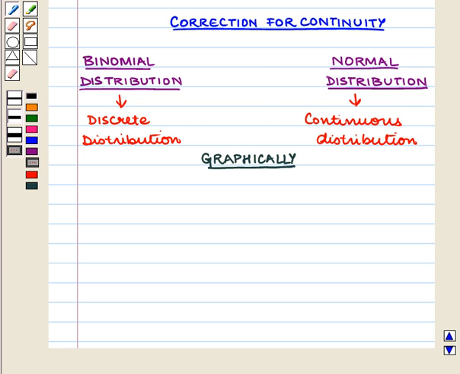To represent a discrete distribution graphically, we usually make bar charts, and to represent a continuous distribution graphically, we usually make histograms.